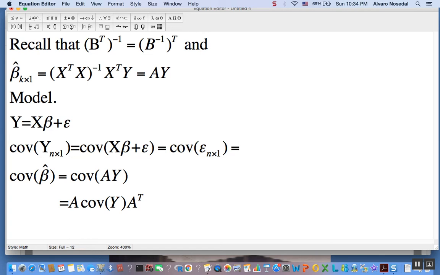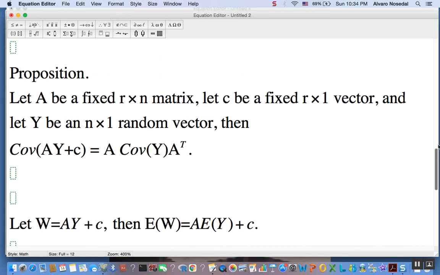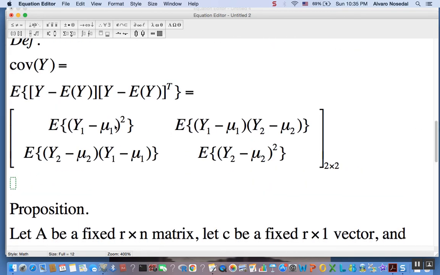When we defined covariance matrices, on the diagonal you have the variances. So the covariance of the vector epsilon is going to have a bunch of sigma squares on the diagonal.